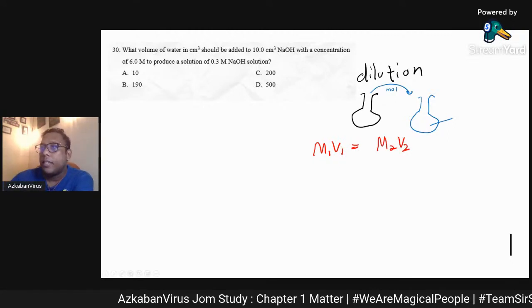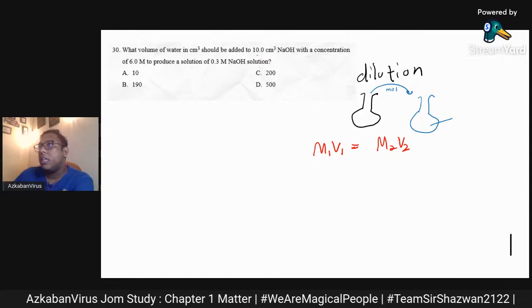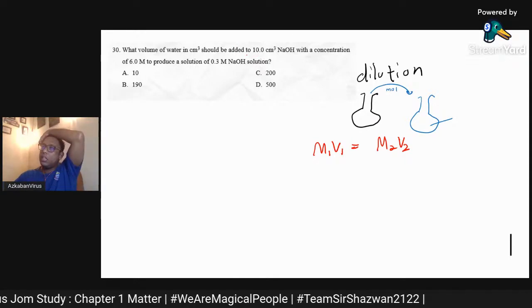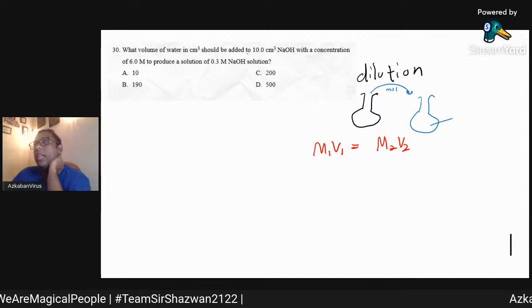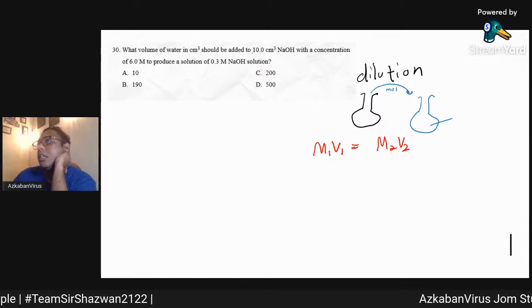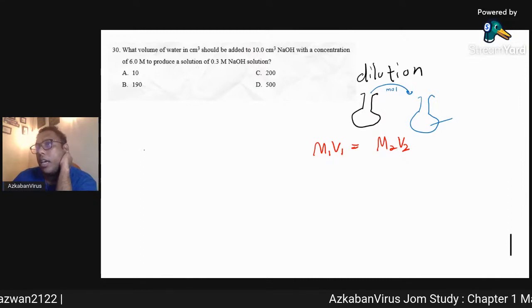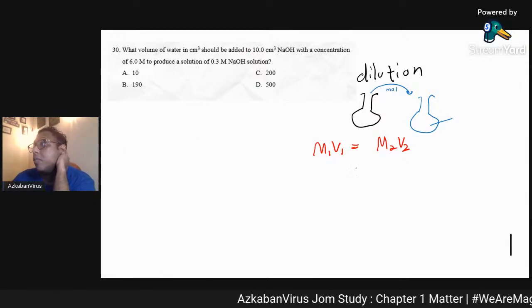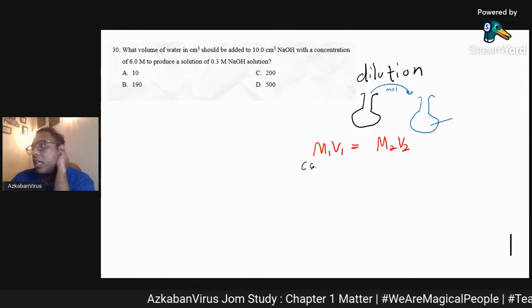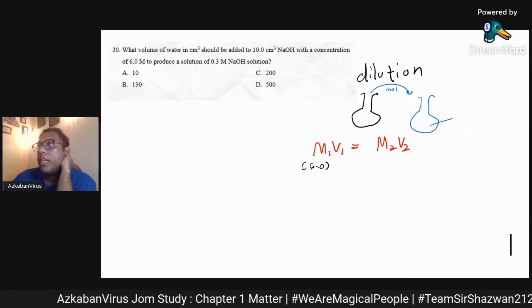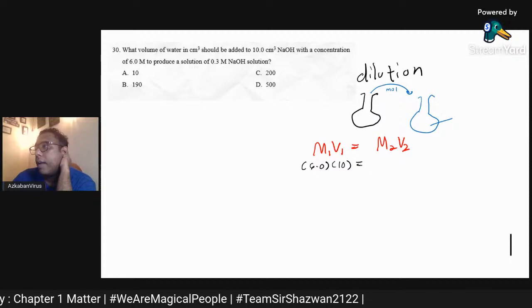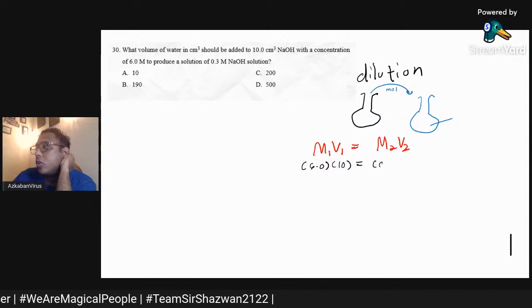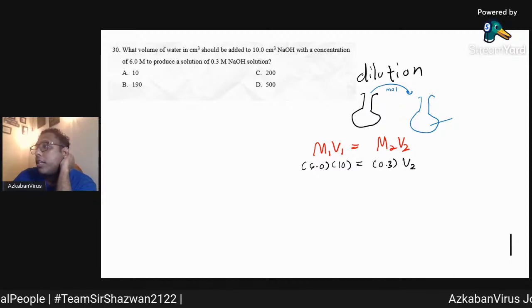Okay, in this case, M1 kita adalah 6 molar. Ini adalah kita panggil sebagai stock solution. V1 kita adalah 10 cm cube. M2 kita adalah kita nak hasilkan 0.3. V2 kita nak cari.